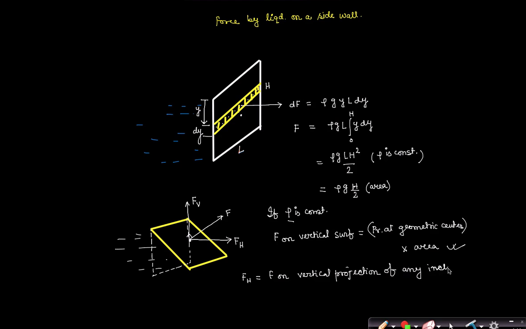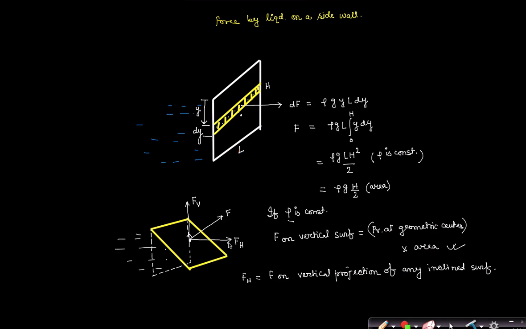Again, if rho is constant, I can find the force on this vertical projection by taking the midpoint of this vertical projection and multiplying with the area of this vertical projection. You can forget about this inclined plane now. You can find the force on this vertical projection and you can find FH.